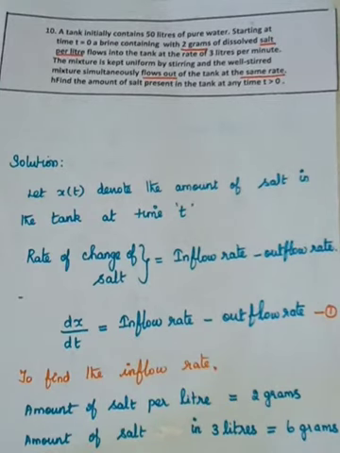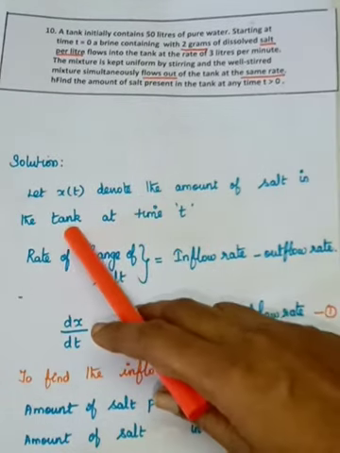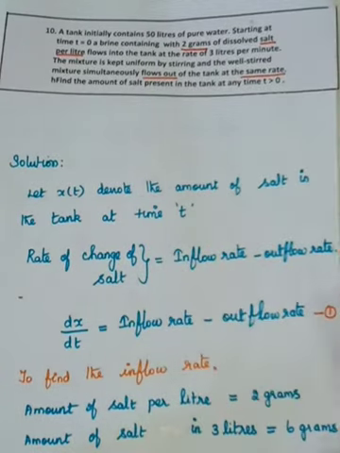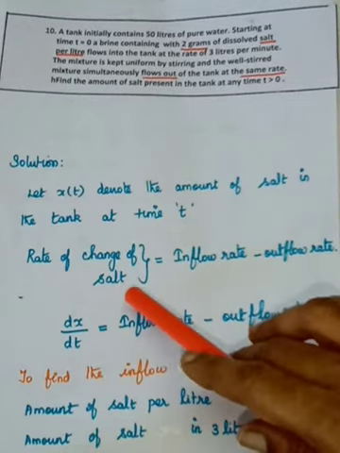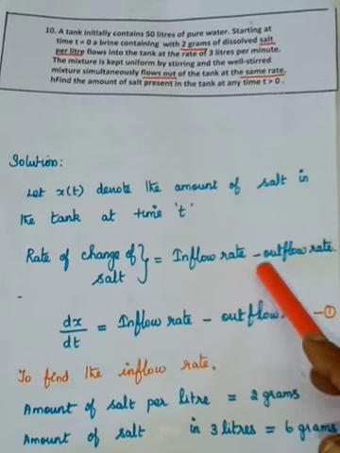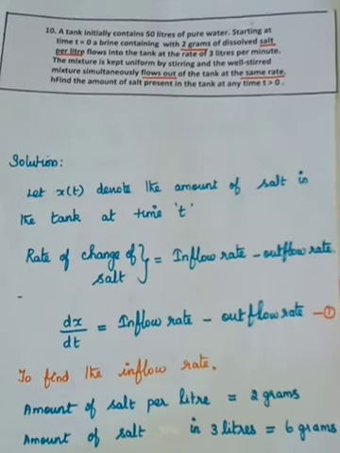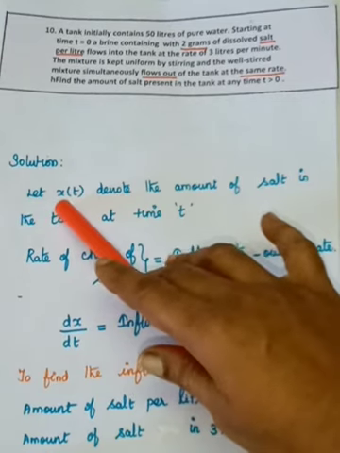First we have to denote x, the amount of salt in the tank at time t. So x is nothing but the amount of salt present at any time t. The rate of change of salt is, the formula is, inflow rate minus outflow rate. Salt is denoted by the variable x.